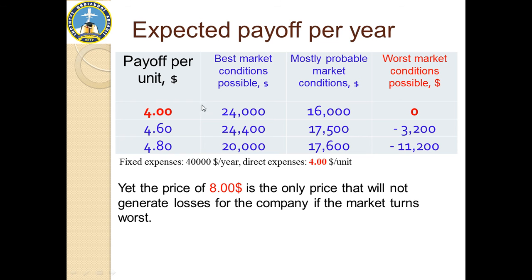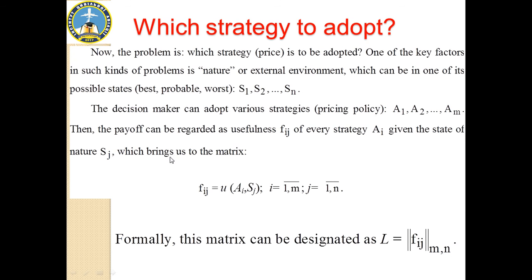So the mathematical formalism looks like this. The payoff can be regarded as usefulness, F sub ij of every strategy A sub i, given the state of nature S sub j, which brings us to the matrix.